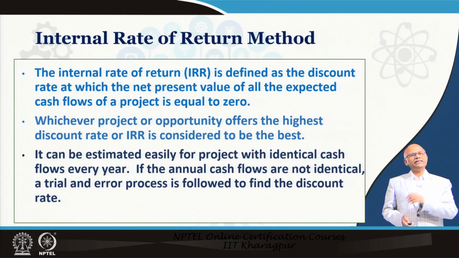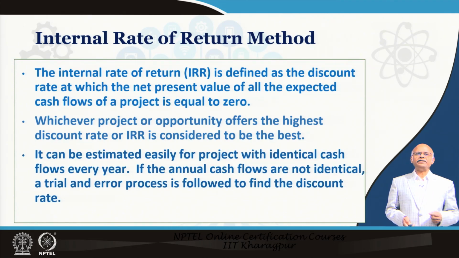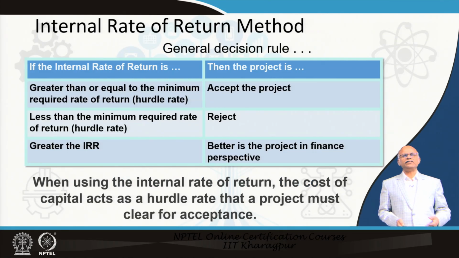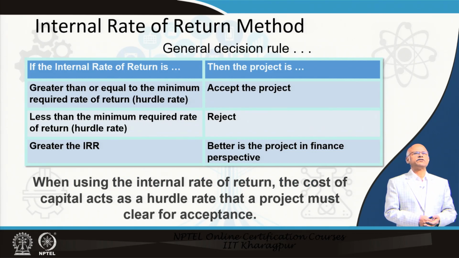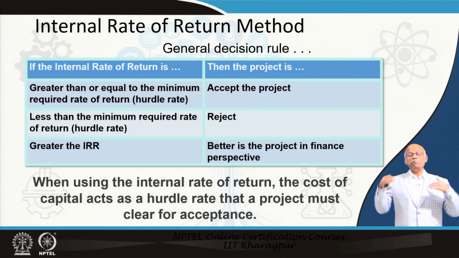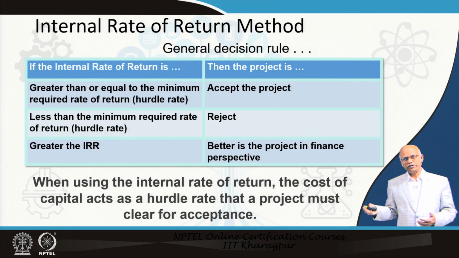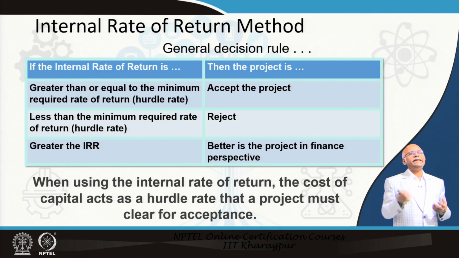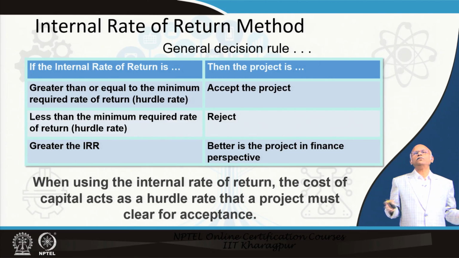Second, you solve for that and you get the IRR, and the third is that there is a shortcut for equal amounts of cash flow. And the decision rule is, if the internal rate of return is greater than or equal to the minimum hurdle rate, you accept; but if it is less than the hurdle rate, obviously you do not accept it. So, the greater the IRR, the better it is.